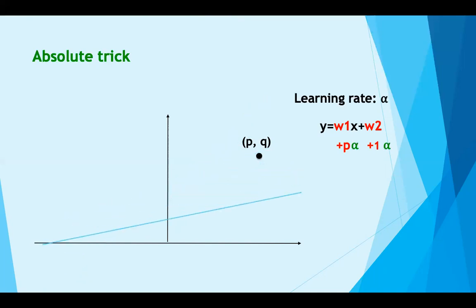Now the line will move up a little bit and rotate a little bit, so we don't have the risk of going too far. Our new equation is going to be this, where the slope becomes w1 plus p alpha and the y-intercept becomes w2 plus alpha.